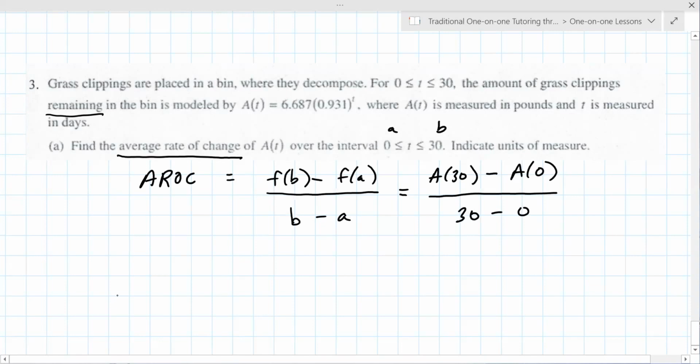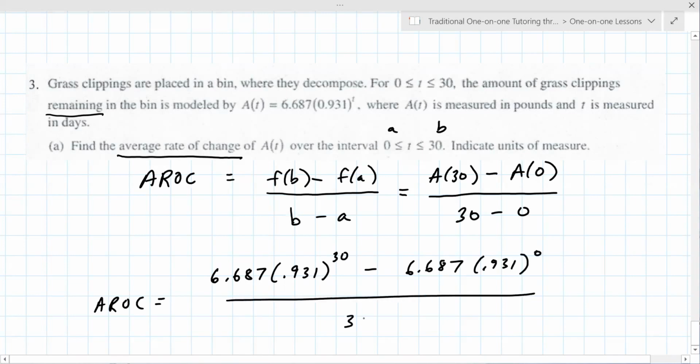And I think you can actually, on the AP, and I'm vaguely remembering this, leave this as 6.687 times 0.931 to the power of 30 minus 6.687 times 0.931 to the power of 0, over 30 minus 0. I think this will give you full credit. They don't expect you to calculate it, or maybe it's a small deduction, a quarter point or something, but that goes along with what my teacher said last semester.